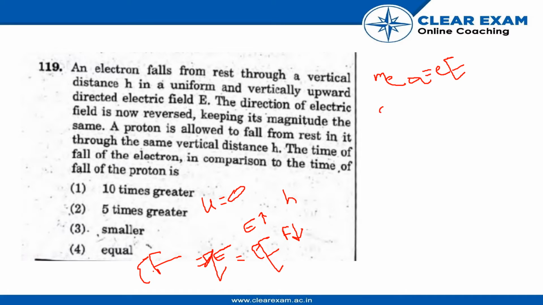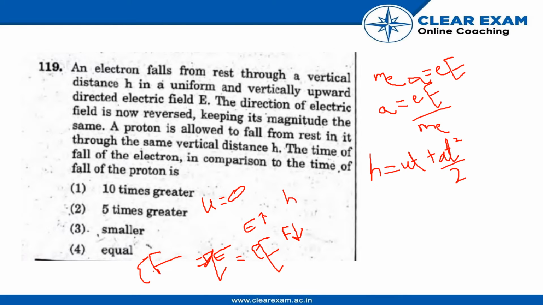So our a will be a equal to eE by m. Now using second equation of motion, we get h equal to ut plus at squared by 2.